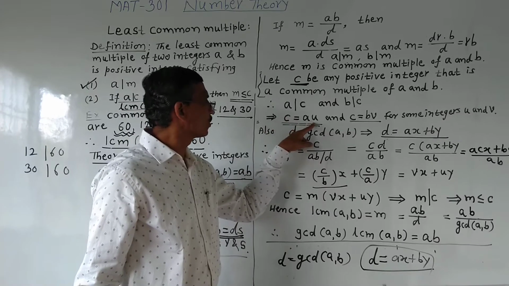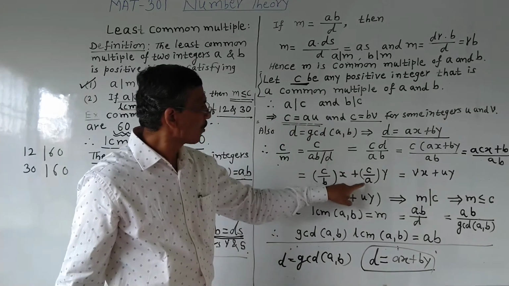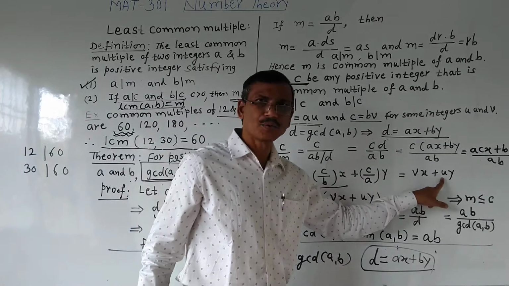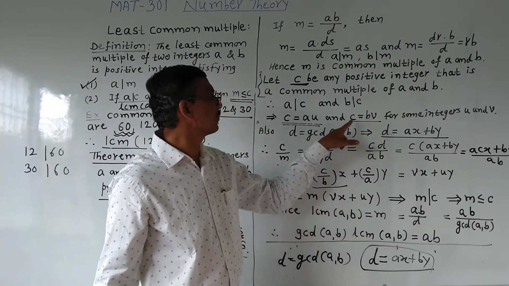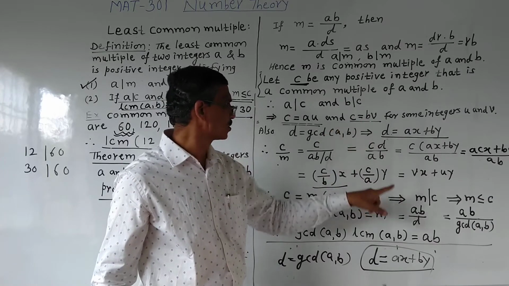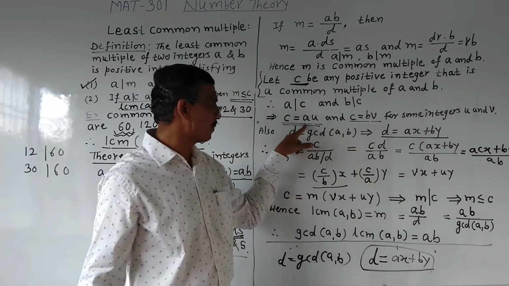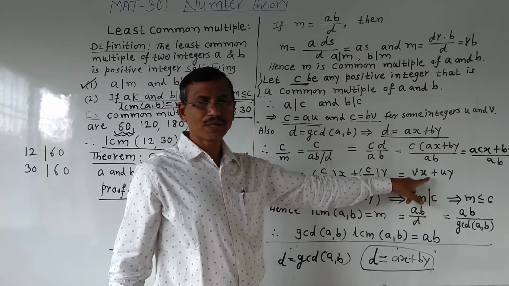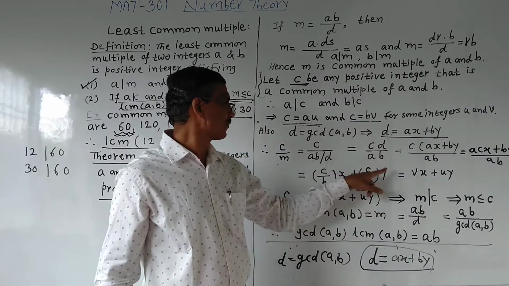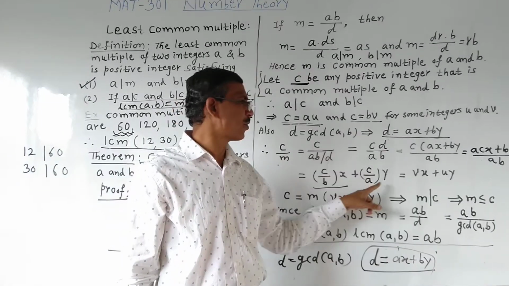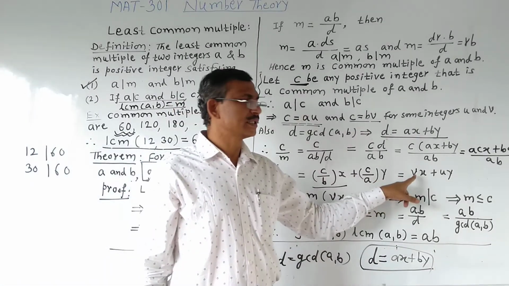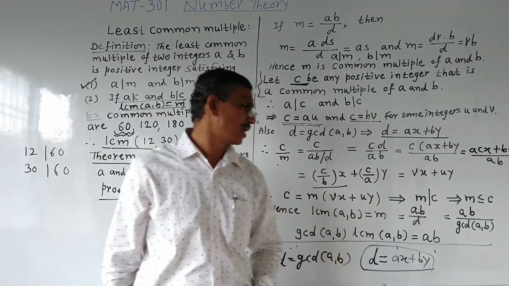C upon a is equal to u. And from the second, c upon b is equal to v. C divided by b is equal to v, and this c divided by a is equal to u. Therefore, this expression c upon b into x plus c upon a into y changes to vx plus uy.